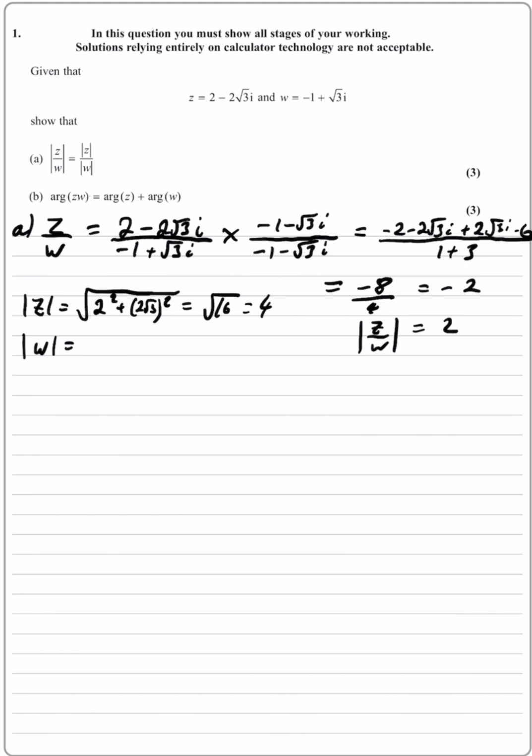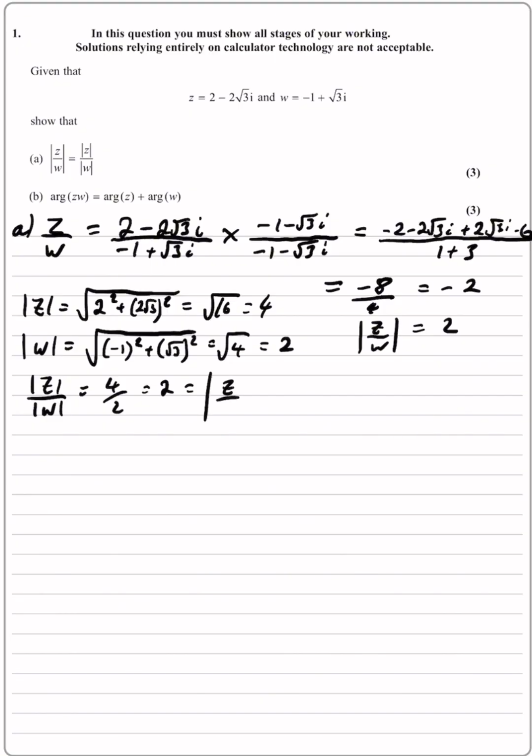For the modulus of w, we've got -1 squared plus root 3 squared, all square rooted, and that comes out as 2. That's sufficient to show what we want to show. So the modulus of z divided by the modulus of w is 4 divided by 2, which is 2, and that is the same as the modulus of z over w.